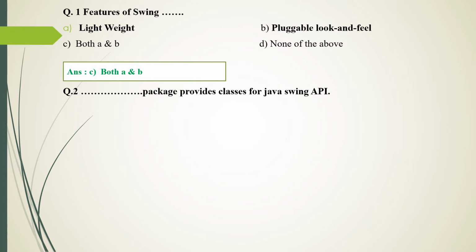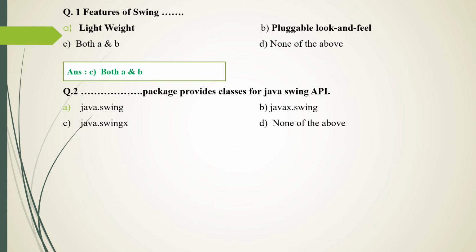Second question, dash dash package provides classes for the Java Swing API. First option java.swing, second option javax.swing, third option java.swingx, and last option none of the above.